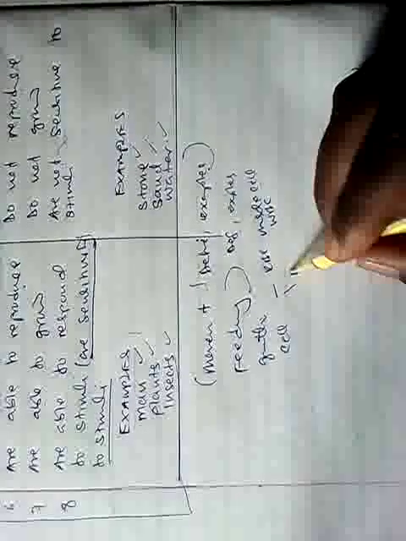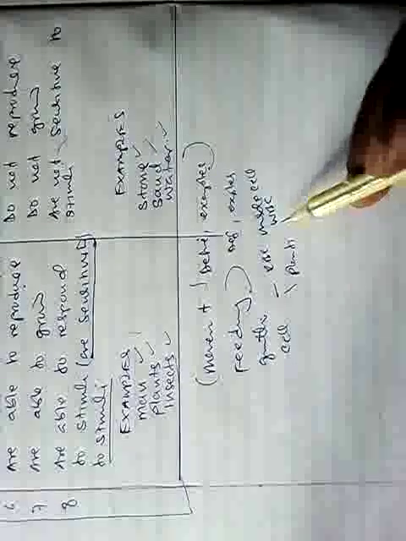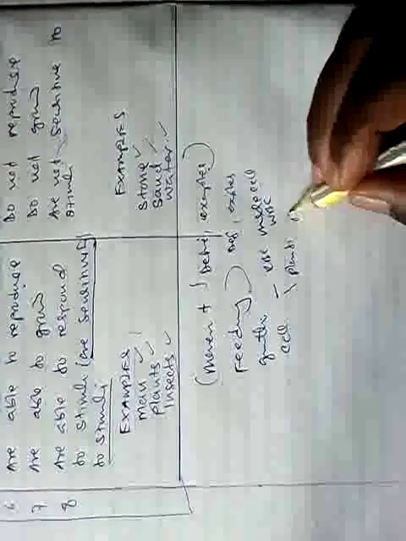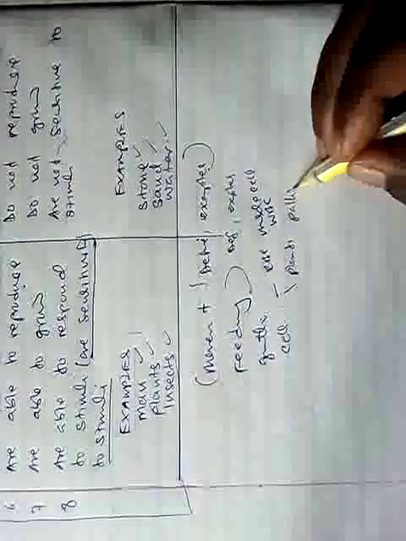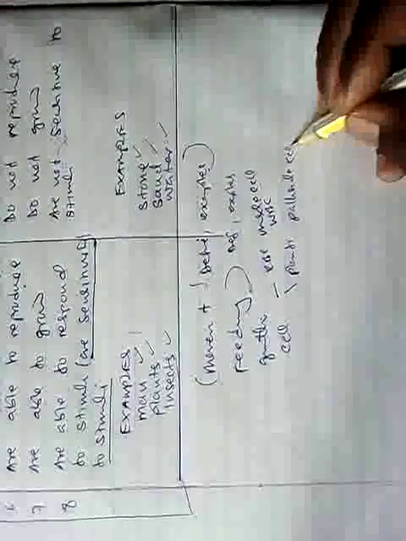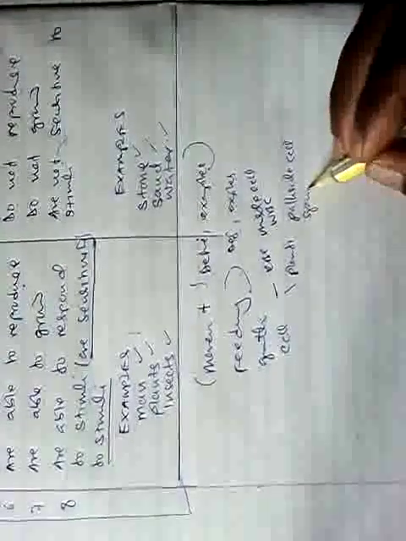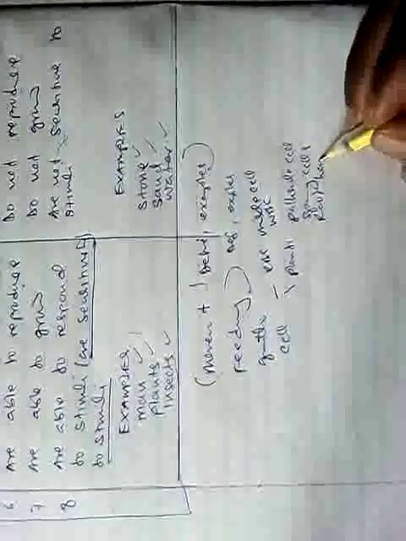Then for plants you give examples, one on each or two on each. We have palisade cells, spongy cells, and root hair cells. So this is how you have to recall or remember concepts in biology.